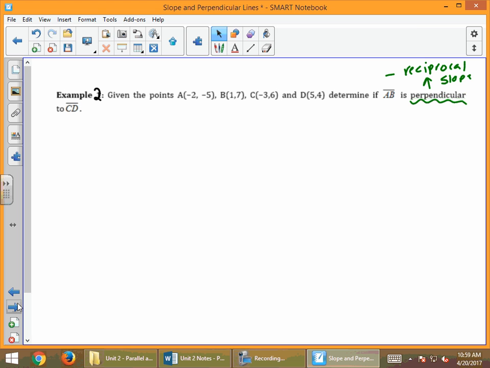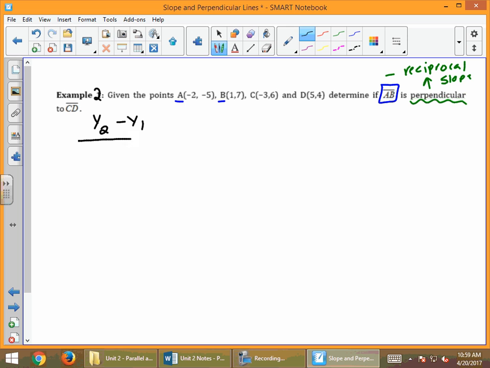Well, again, we have segment AB, so make sure A and B match up. Recall the slope formula from the last lesson is y2 minus y1 over x2 minus x1. And then you label.